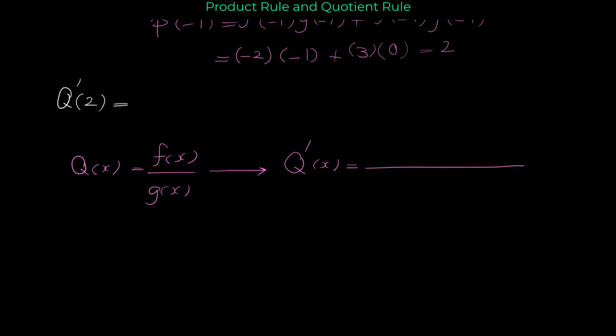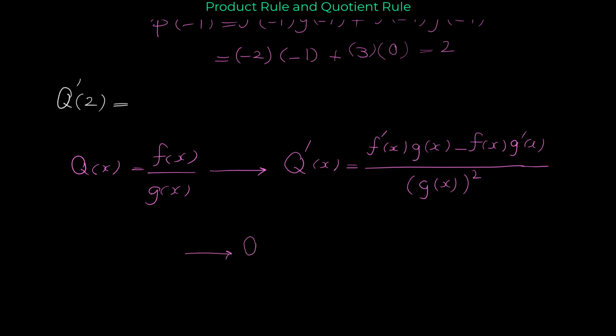Derivative of f of x over g of x based on the quotient rule is derivative of numerator times by the denominator minus, write the numerator itself, times by derivative of denominator all over whatever is in denominator to the 2.